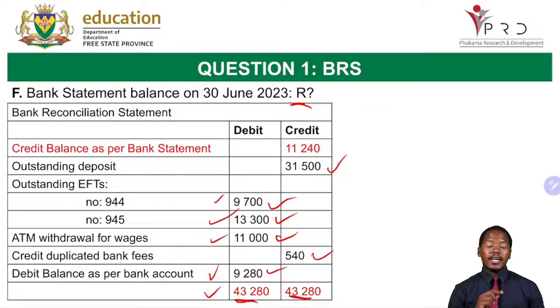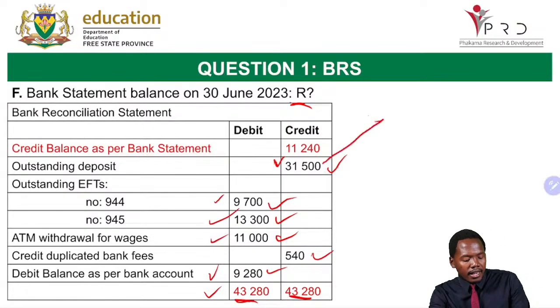Now, how do we get the difference between those? We say 43,280 minus the amount of 31,500. And then we get, remember, the 11,280. How do we get that?